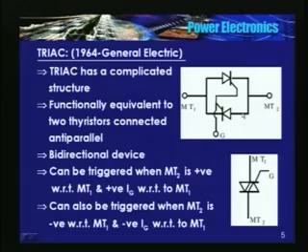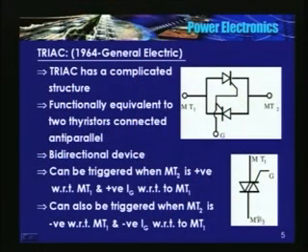I can't call them anode and cathode because anode of one is tied to cathode of another thyristor. So there are two equivalent thyristors connected in anti-parallel. So now it is going to be a bidirectional device, remember. There are two power terminals, but there is only one gate terminal.